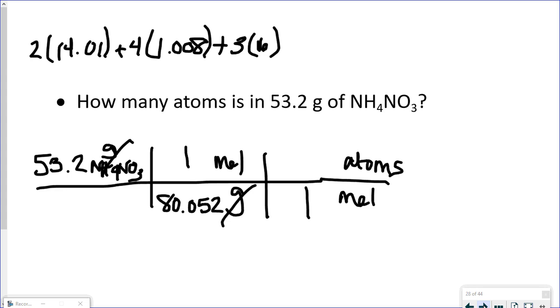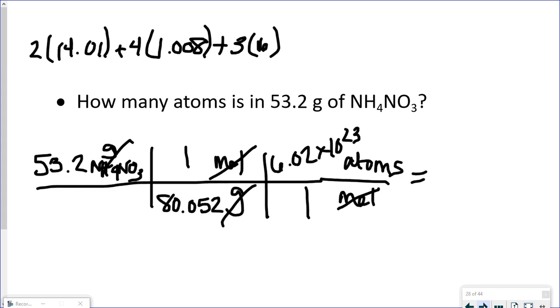And remember, 1 mole is equal to 6.02 times 10 to the 23rd atoms. So that cancels out moles, leaving us with atoms. So we need to put this in the calculator. So 53.2 divided by 80.052 multiplied by 6.02 times 10 to the 23rd.